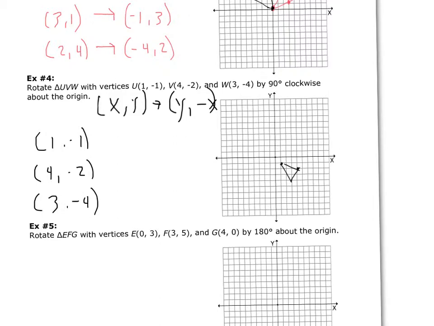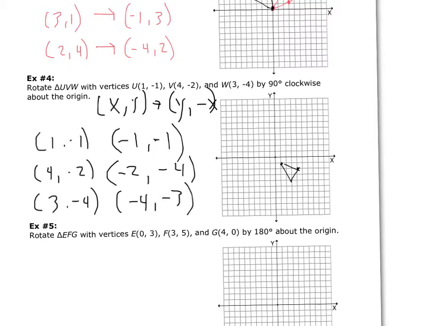So we're going to flip-flop our coordinates and change the sign of our x. Okay, so we flip-flop them, change the sign of our x, flip-flop them, change the sign of our x, and flip-flop them, and change the sign of our x.